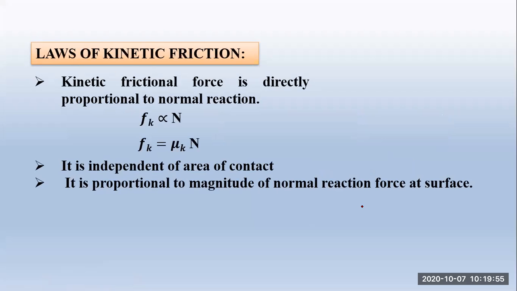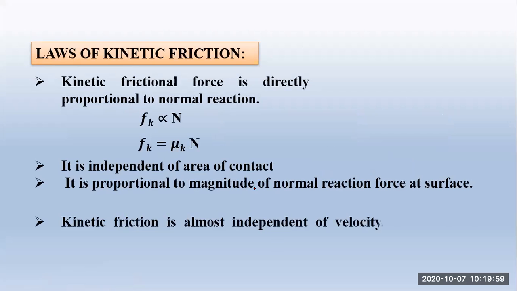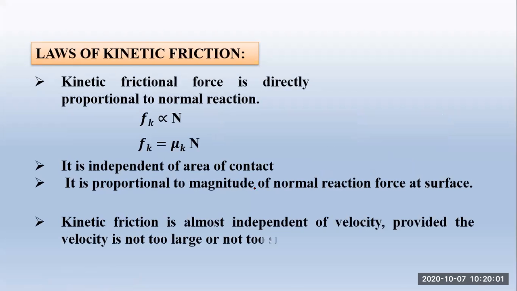Here mu k is called the coefficient of kinetic friction. Kinetic friction is also independent of velocity, since one object is moving with respect to the other. So kinetic friction is independent of velocity.